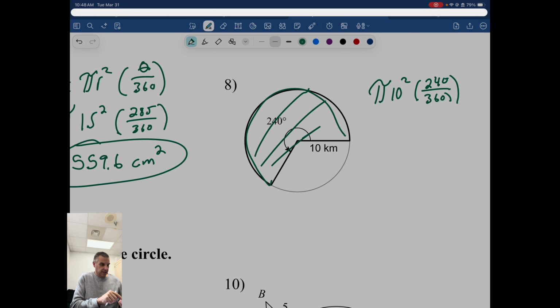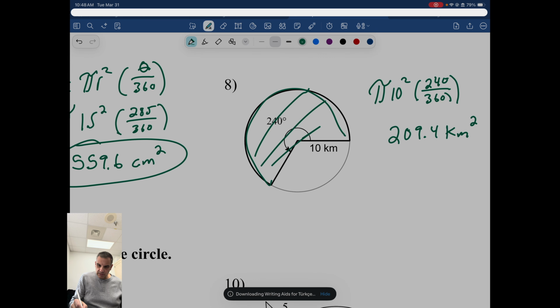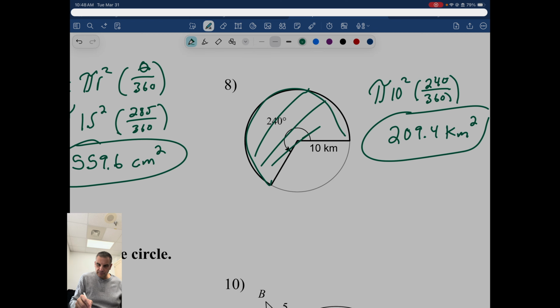So pi times 10 squared times 240 divided by 360. 209 is what I got. 209.4 kilometers squared.